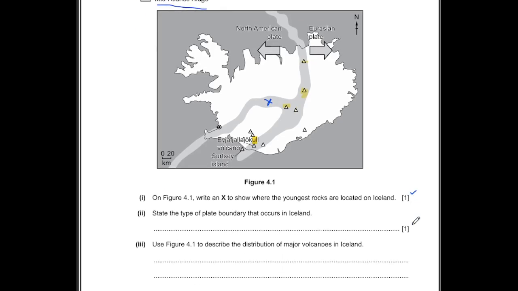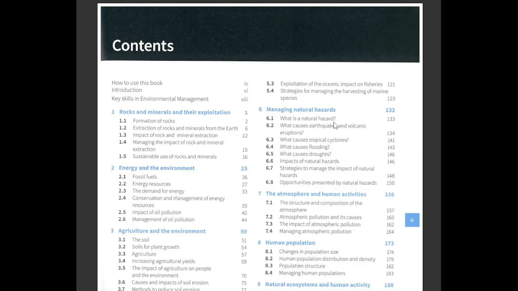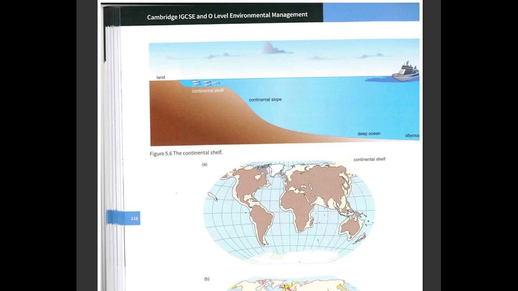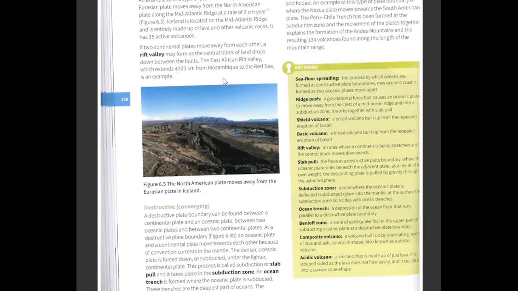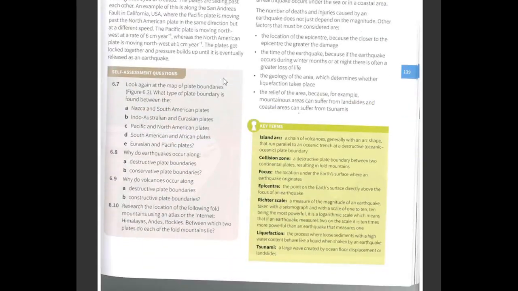State the type of plate boundary that occurs in Iceland. Which type of boundary can we see here? These are constructive. If you ask what constructive is, we'll see page 135 or so, so that we have the idea. I'll show you this constructive boundary also.